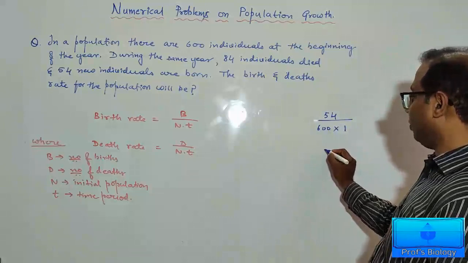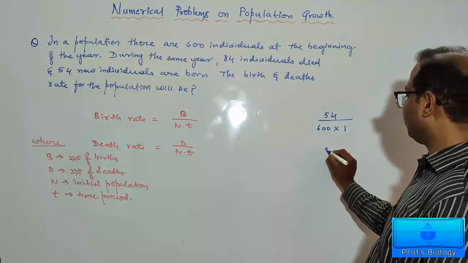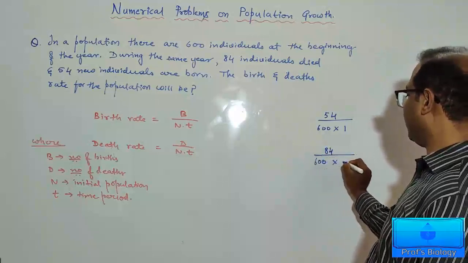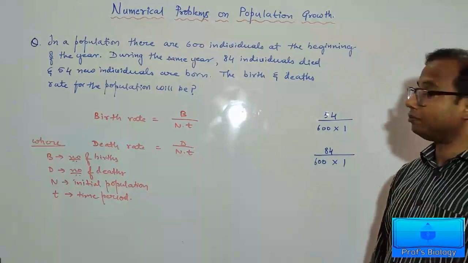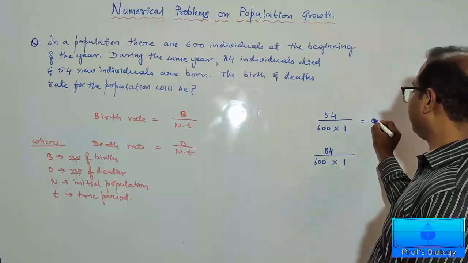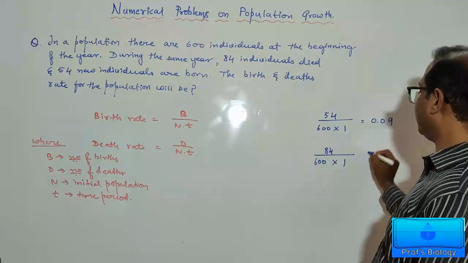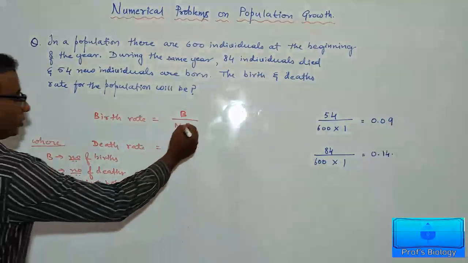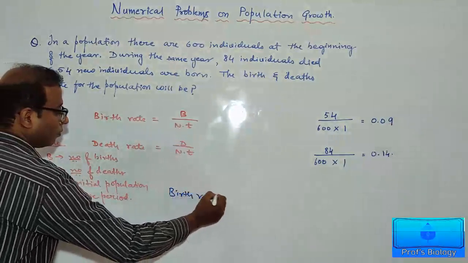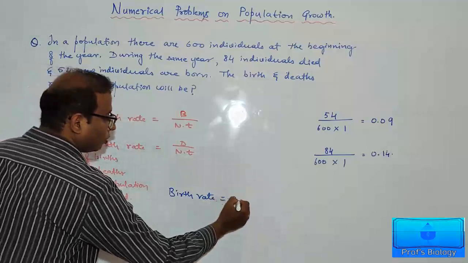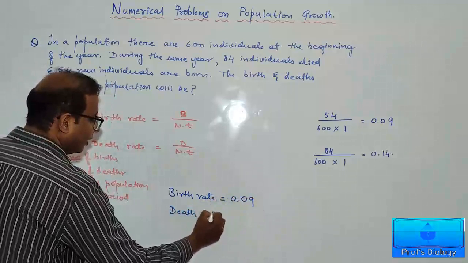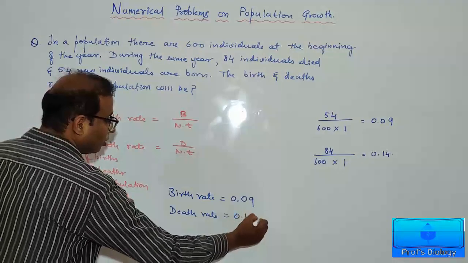And death rate will be 84 by 600 into 1. So this will give us a value of 0.14. So birth rate is 0.09 and death rate is 0.14.